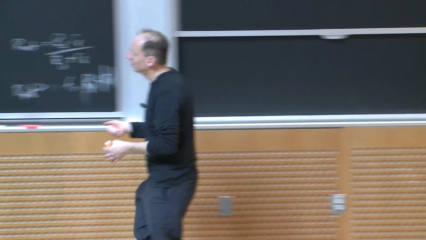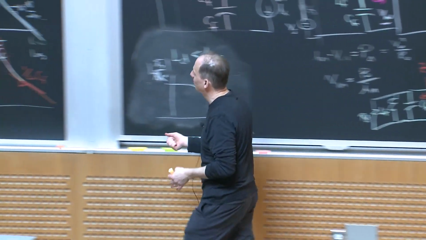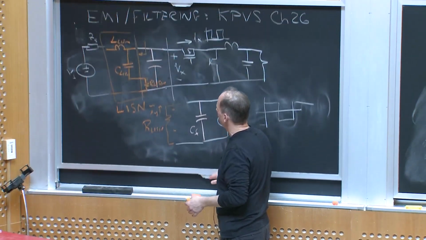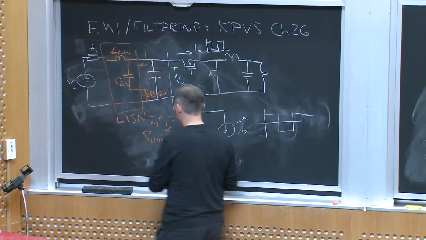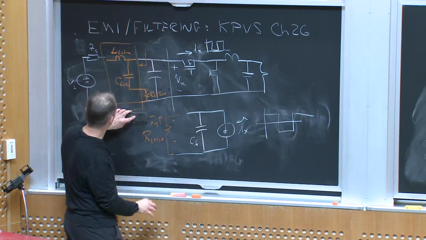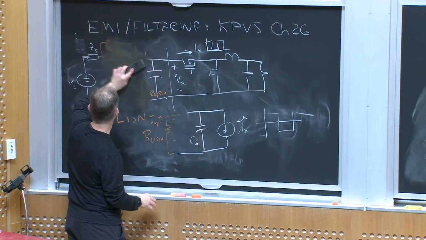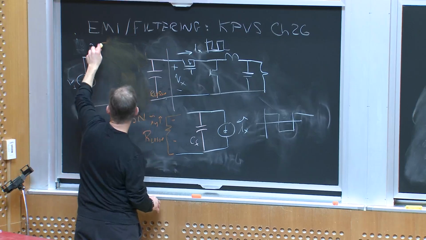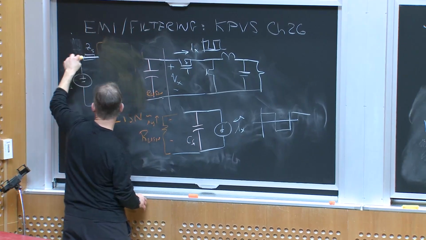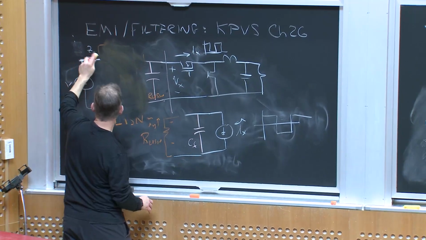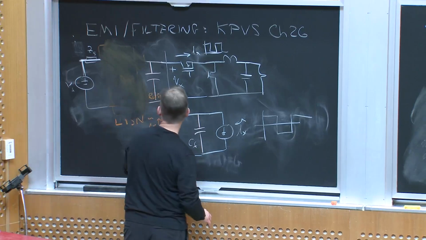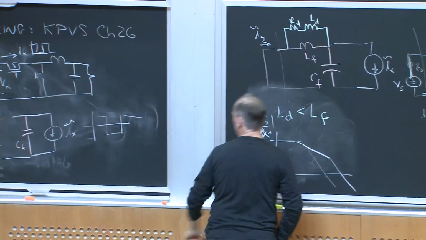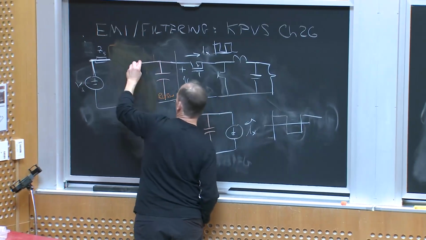If I come back to the baseline here, maybe I don't have my Lisn here, that's fine. There's no Lisn when I'm running in the real world, and maybe my source impedance is low, but I still have some converter and filter, and who knows what this looks like.